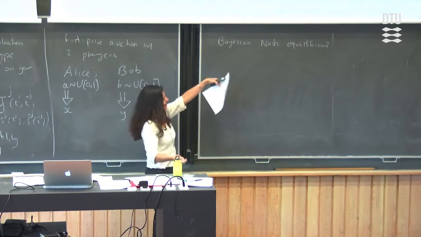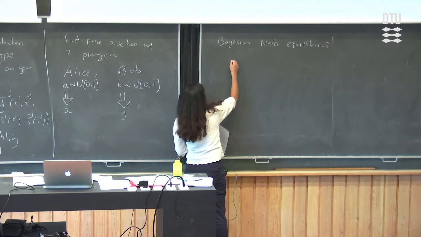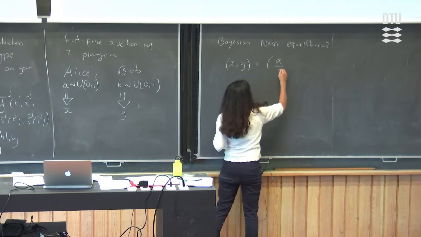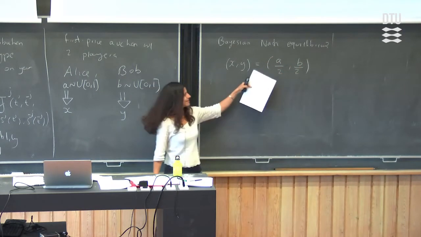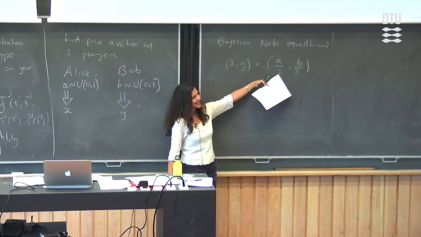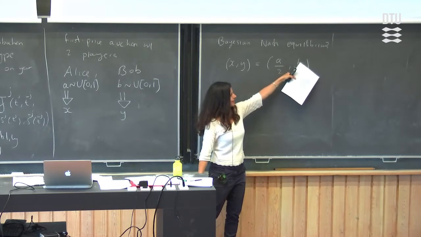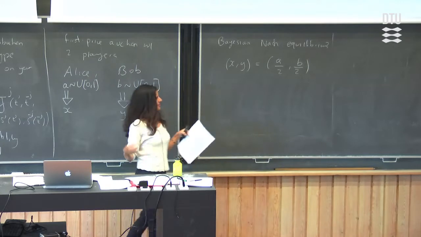Once you do all the calculation, you find that the Bayesian Nash equilibrium is (x, y) equals (a over 2, b over 2). That means Alice will bid her true value divided by 2, and Bob will bid his true value divided by 2. The calculation is in the notes.